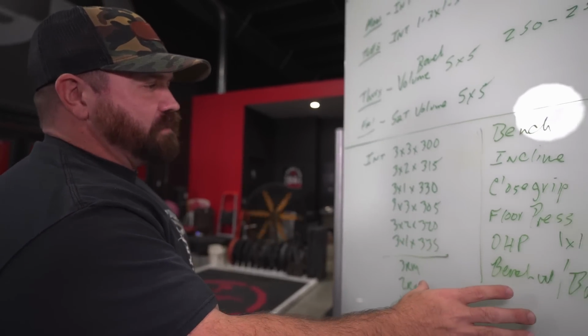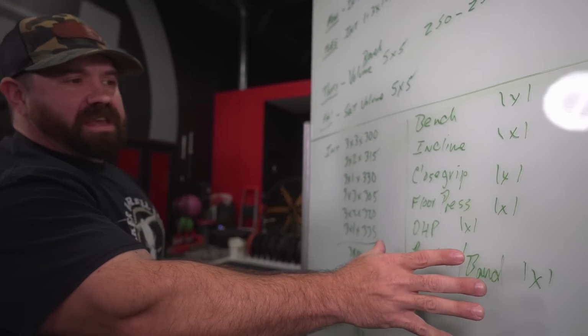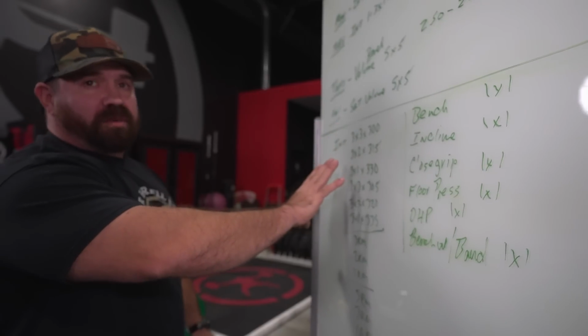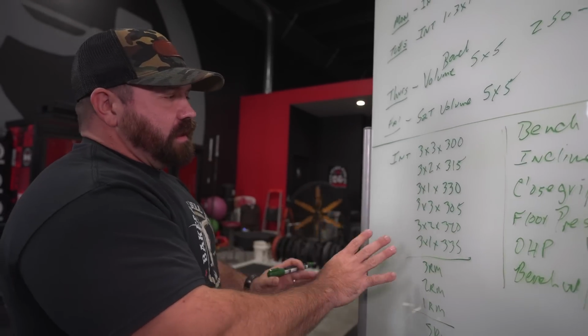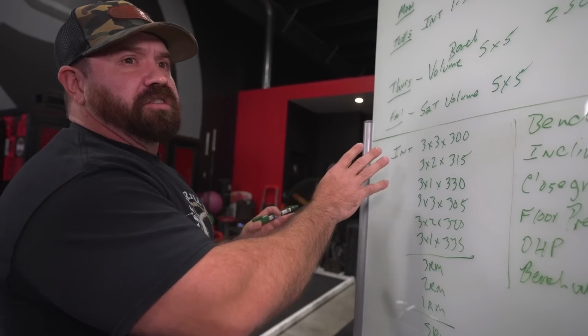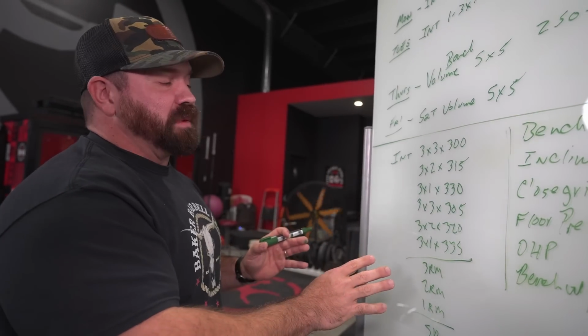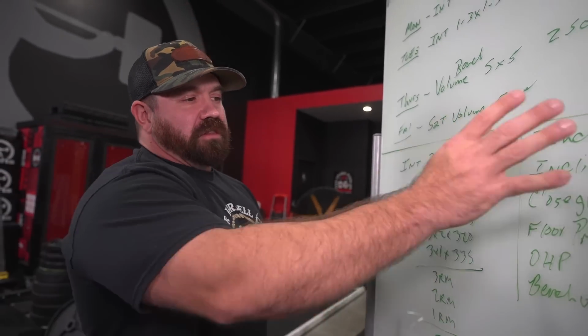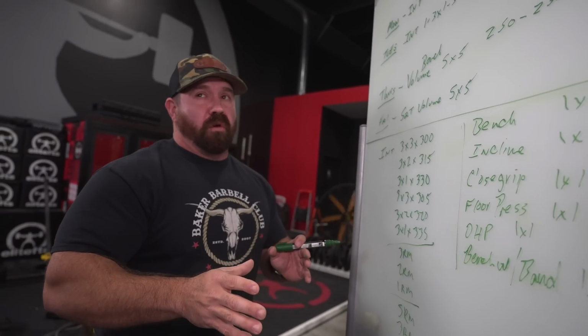The thing with Conjugate, when everybody looks at a Conjugate program versus a Texas method program or any other easy, simple programming structure where the exercises are the same week to week and you're just manipulating sets and reps, everybody assumes Conjugate is way more complicated.